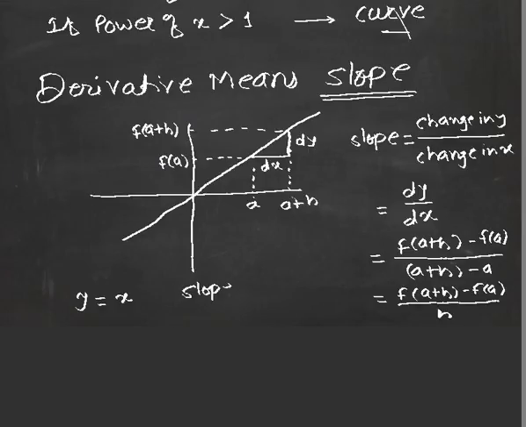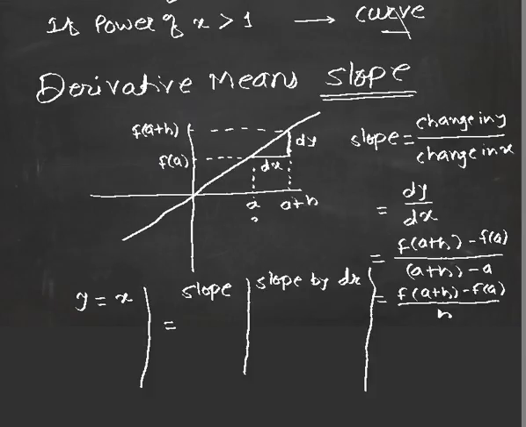Now let us find the slope by definition and slope by derivatives. Here y is equal to x, so if we assume this is 3, this is 4, so this also will be 3, this also will be 4, so change in y will be 4 minus 3, change in x also 4 minus 3, so the slope of that straight line is 1.